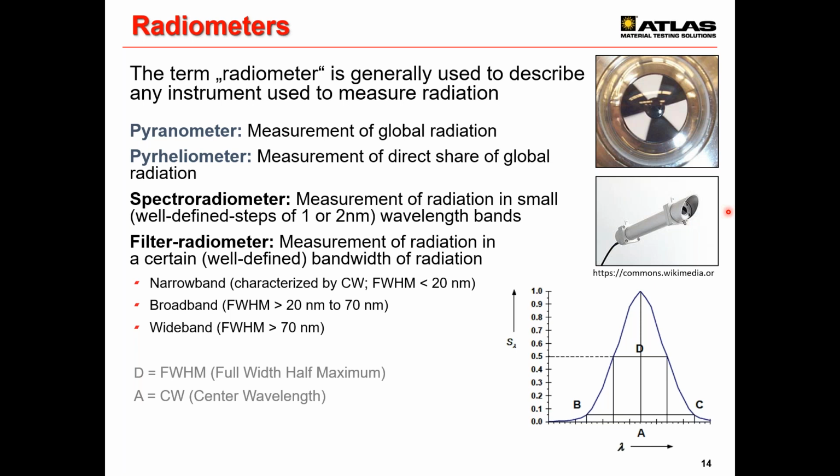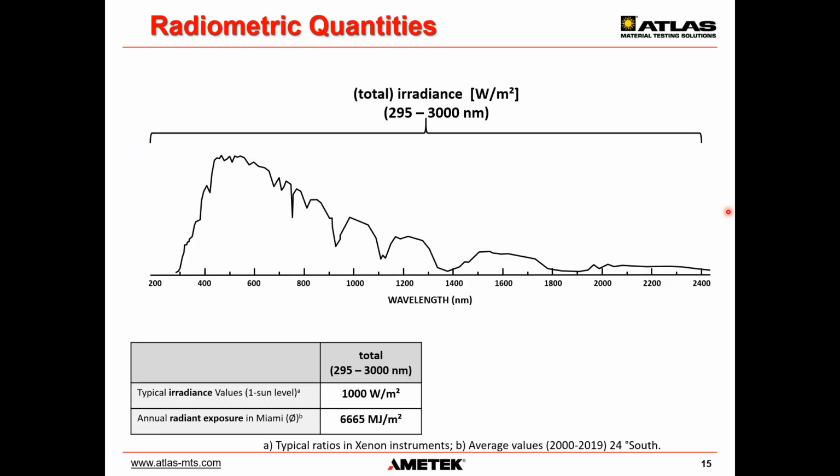There are narrowband filter radiometers, typically with half-wave wavelength ranges of less than 20 nanometers. There are broadband, so a medium half-wave range, and wideband filter radiometers available. We will see examples of these measurement ranges on the next slide.